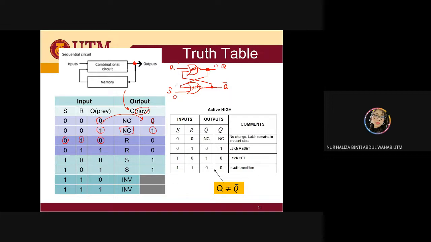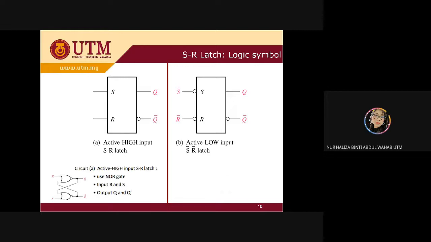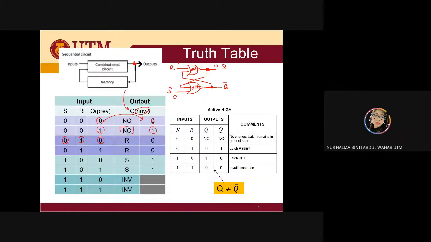So this will be 0. Now you can see here 0 will be 0 here, 0 and 0 will be 1. 1 will become here, 1 and 1 you will get 0. So you're going to put the output as 0 here.